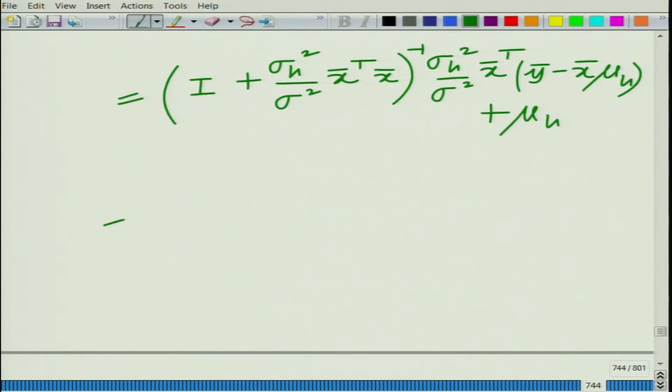Now you can see this is simply a scalar quantity.